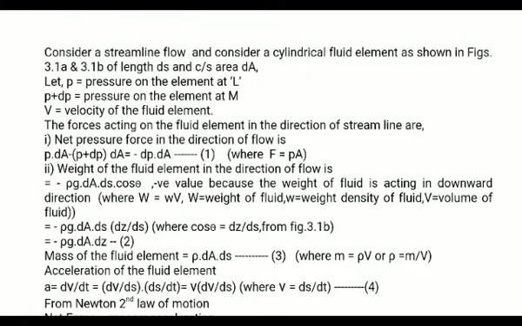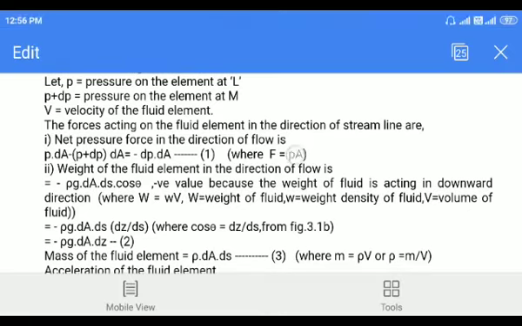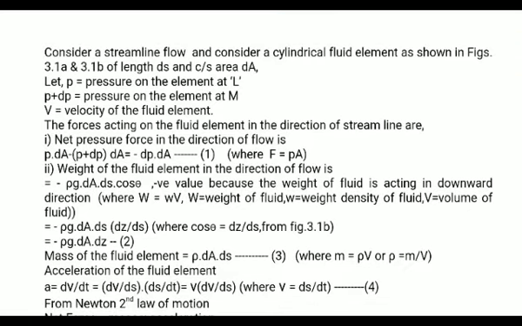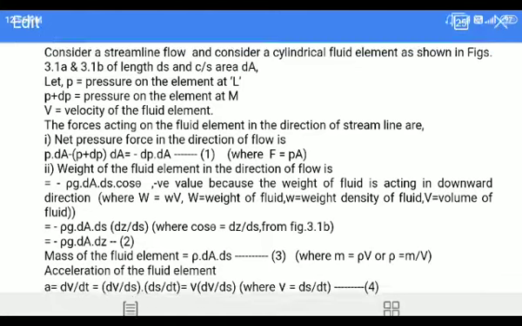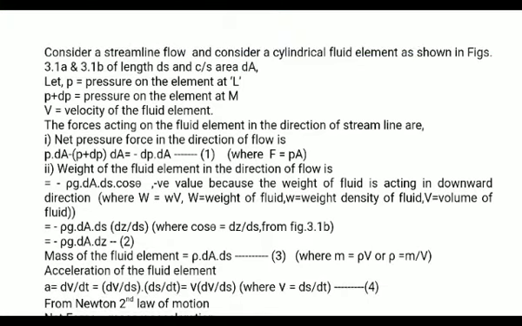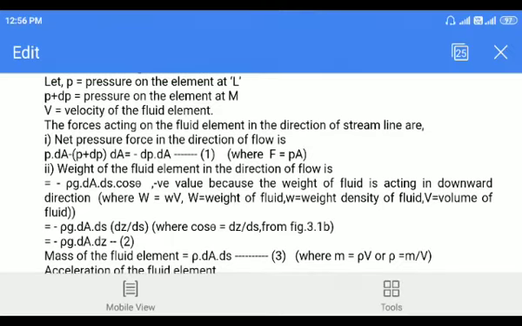The forces acting on the fluid element in the direction of the streamline are, by the simple formula F is equal to P into A, the net force: one forward force P into dA and the opposite force P plus dP into dA. P dA minus (P plus dP) dA, after simplification, gives minus dP into dA.